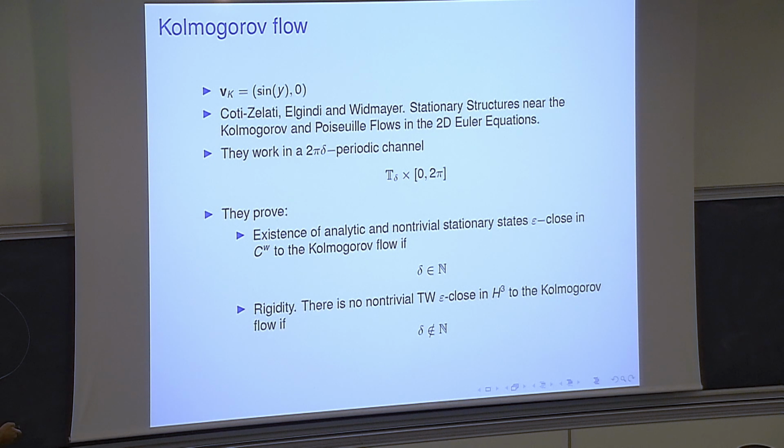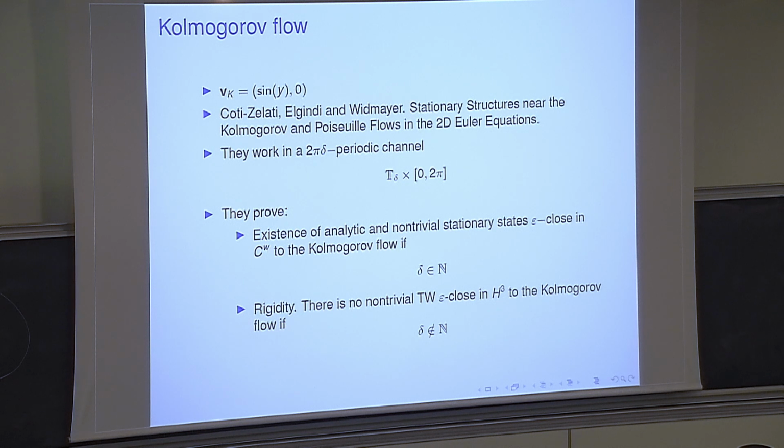Then they are able to show a system of stationary states which are as close as you want to the Kolmogorov flow, even, and this is quite strong, even if you measure the distance to the Kolmogorov flow in analytic spaces. Okay.